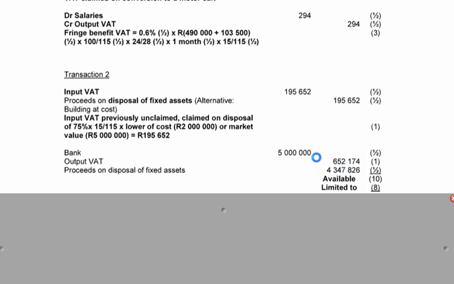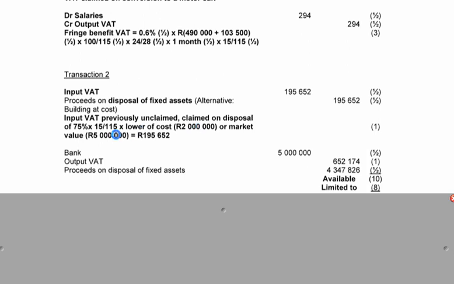And how much do you get for selling of the fixed assets? 4,347. And remember, because we didn't claim all of the input VAT when we bought the building, we are now allowed to claim it when we dispose of it. Output VAT's at 100%. We originally claimed 25% of the VAT. So what are we allowed to do? We're allowed to claim 75% over here of the VAT times 15 over 115 times by the lower of cost or market value.